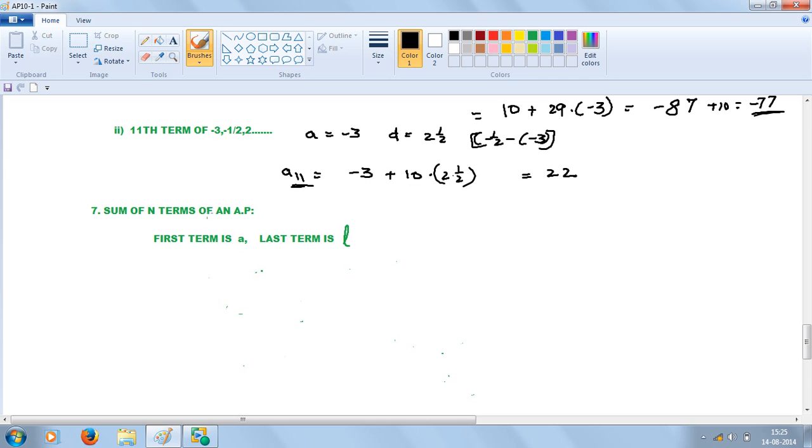Sum of the n terms of an AP. The first term we represent by A, the last term by L. So what is the sum?